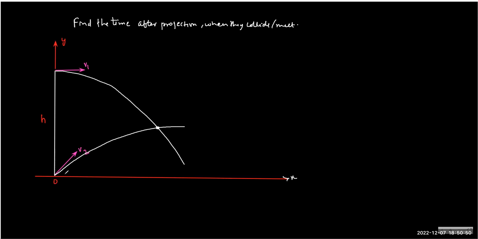Assign the coordinate of each particle. This is anyway 0, 0. This is 0, H. And when they meet, they will have some coordinate X and Y. Correct? You can solve in the ground frame, a relative frame, this frame, that frame, whatever you want.